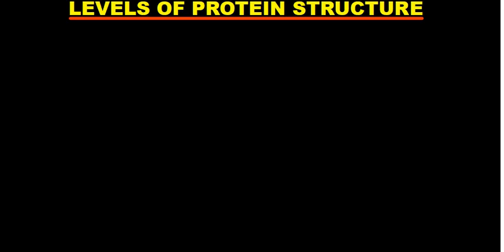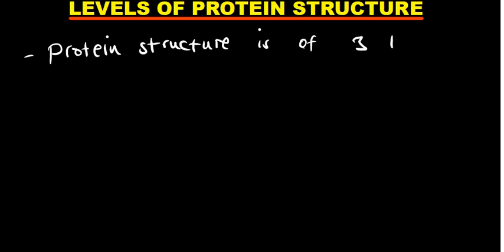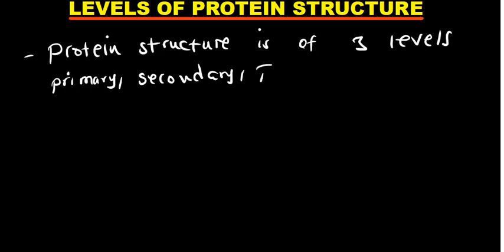So we need to understand that protein structure is of three levels, which are primary, secondary, tertiary, and lastly but not the least, we have quaternary structure.